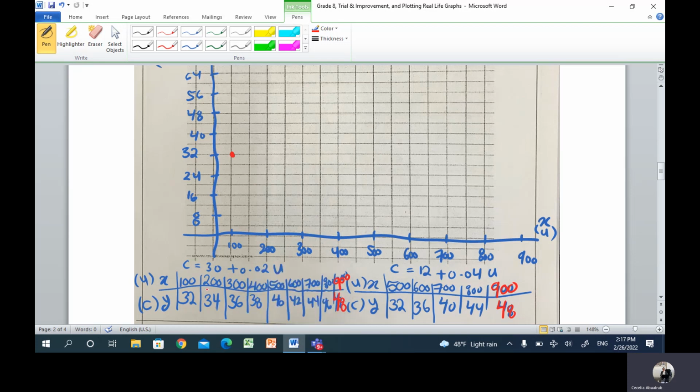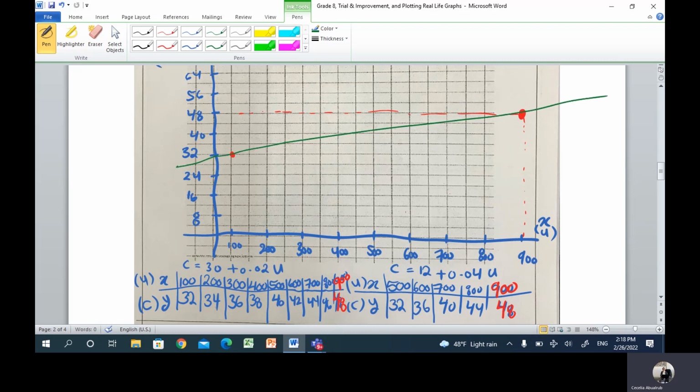So I don't want to go 234, 336. I can jump immediately to 948, and 900 on the x-axis. So this is the second point. And all you need to do here is grab your ruler and connect this point with this point, and you will draw the line.